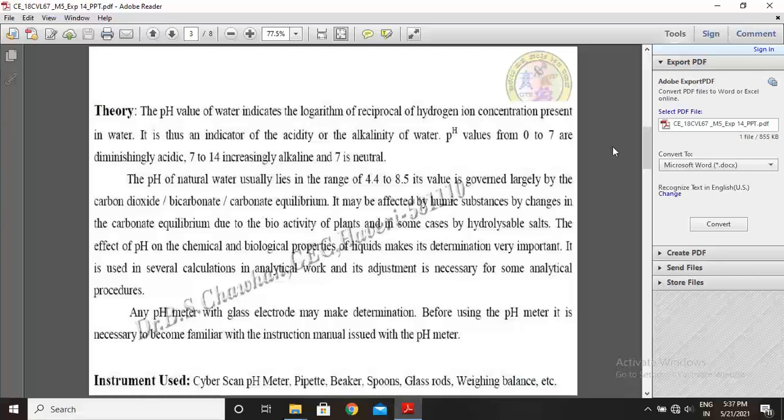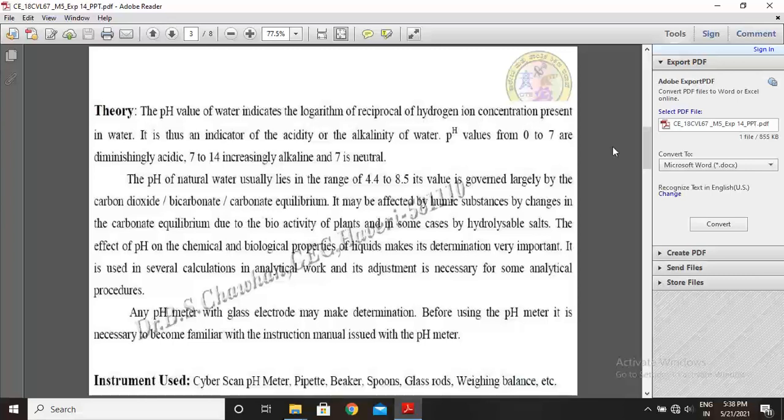Okay, and the range of pH value defines whether it is acidic, alkaline or neutral. The pH of neutral water usually lies in the range of 4.4 to 8.5. Its value is governed largely by the carbon dioxide, bicarbonate and carbonate equilibrium.